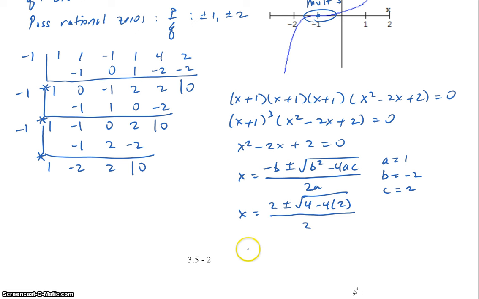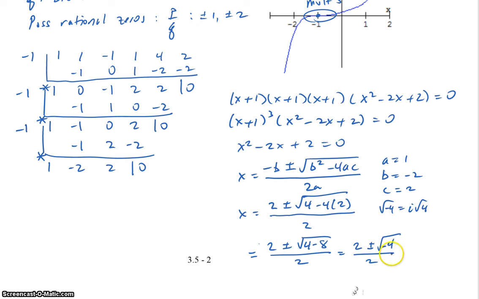And then I want to simplify this. So that's 2 plus or minus the square root of 4 minus 8, over 2, or 2 plus or minus the square root of negative 4, over 2. Now the square root of negative 4 is i times the square root of 4.